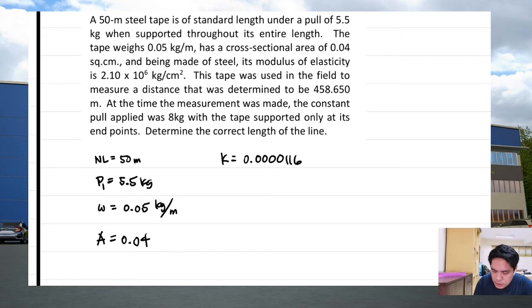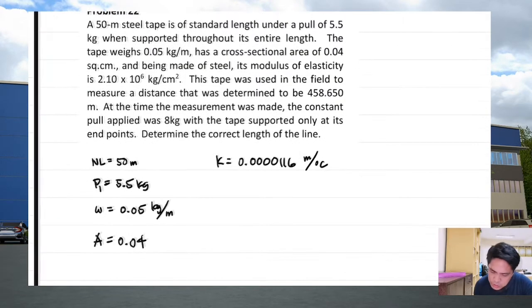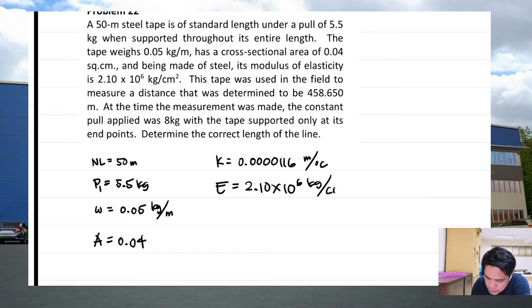That's the expansion in meter per degree Celsius. Okay? This is given because it was mentioned that it's made of steel. Then, it has a modulus of elasticity. The modulus of elasticity of steel is 2.10 times 10 raised to 6 kilogram per centimeter squared. Okay. What else? By the way, the cross-sectional area is in square centimeters.